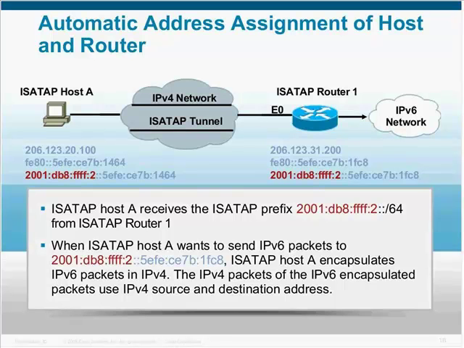This creates an automatic and dynamic IPv4 tunnel between the ISATAP router and the ISATAP host. The ISATAP router, just by looking at the destination IPv6 address, will be able to derive the IPv4 address of the host and send the IPv6 packet over the right tunnel.